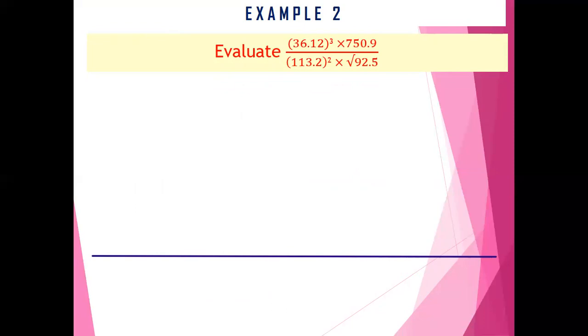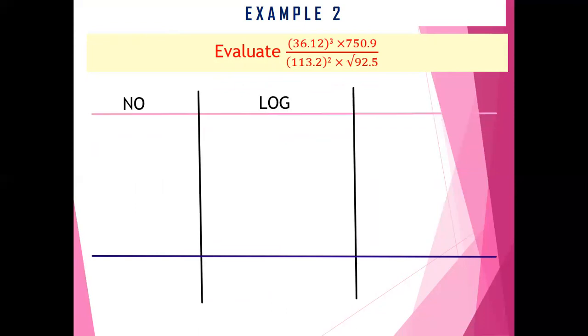Okay, so let's look at the first number, 36.12 cubed, right? Let's change that to logarithm first. We should have 1.5577. Now remember that when you have a number raised to a power, you should multiply the log by that power. So we have cube here, it becomes multiplication by 3.